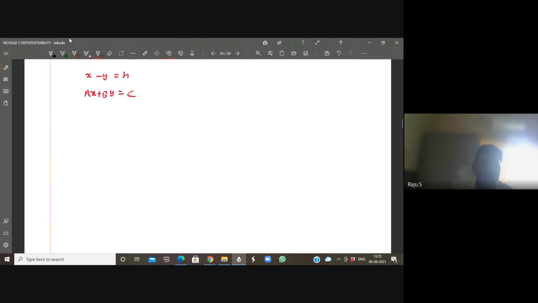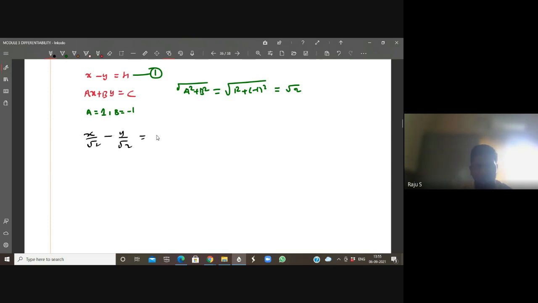First you have to find root over a square plus b square. When I compare here, a is equal to 1, b is equal to minus 1, and substitute here. So 1 square plus minus 1 square, nothing but root 2 we will get. Now divide the given equation by root 2. When I divide with root 2, x by root 2 minus y by root 2 is equal to 4 by root 2.